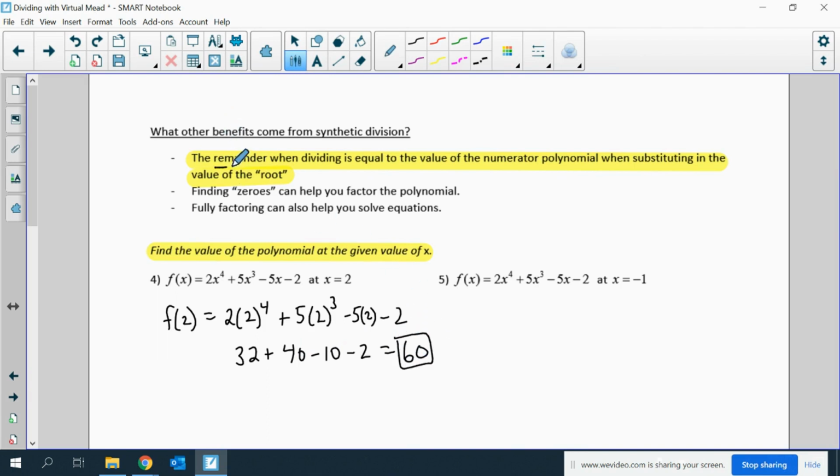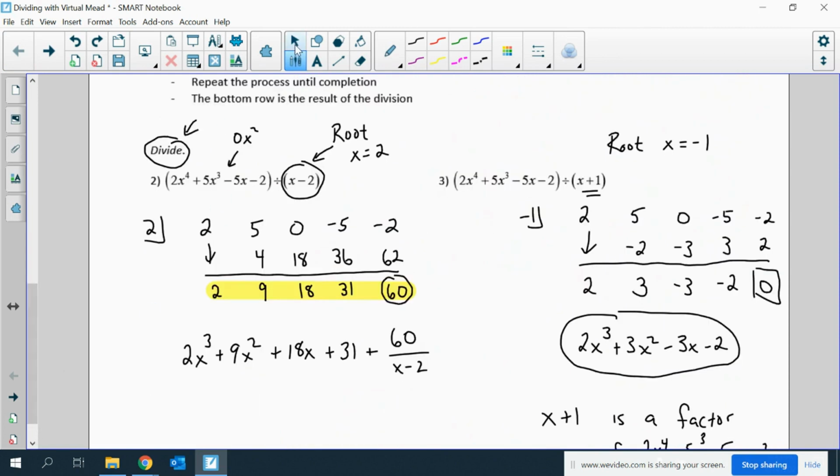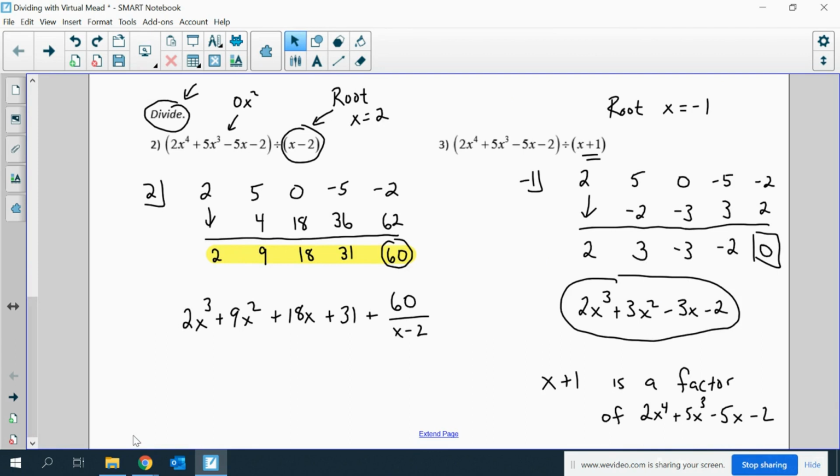But also notice the remainder when dividing is equal to the value of the numerator polynomial. So notice what we did up here. We divided this by x minus 2, which means it had a root of 2.